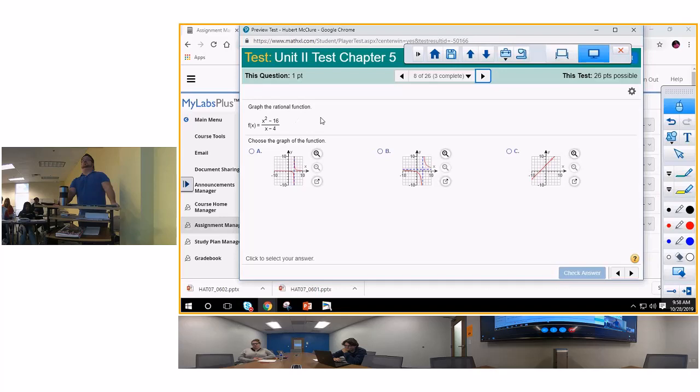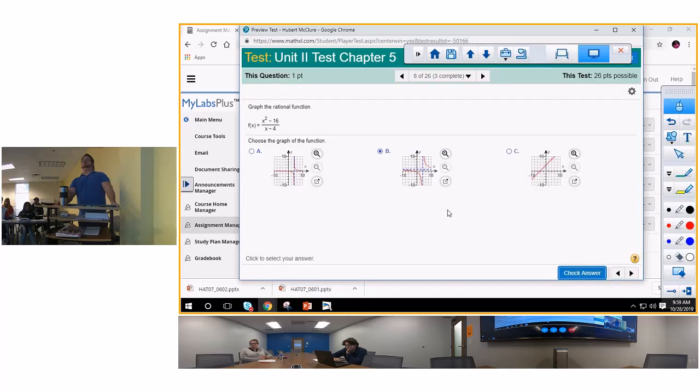So you could actually do the long division into that. So that would be x plus 4. Yeah, B. Shortcut. So the x minus 4s cancel, so that's going to be x plus 4. So it's going to be B.